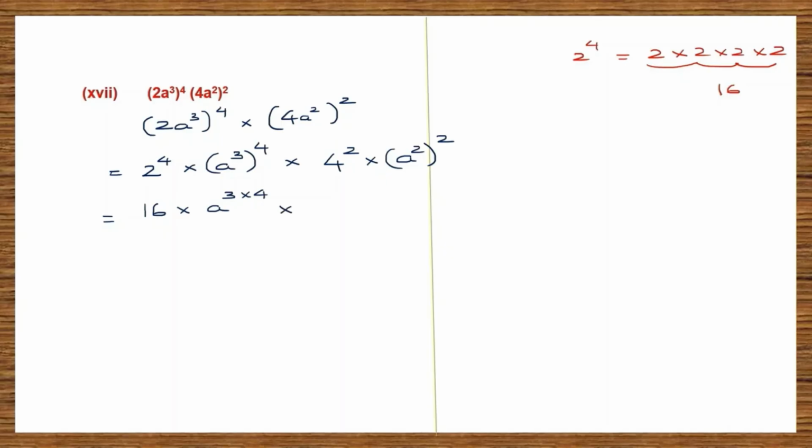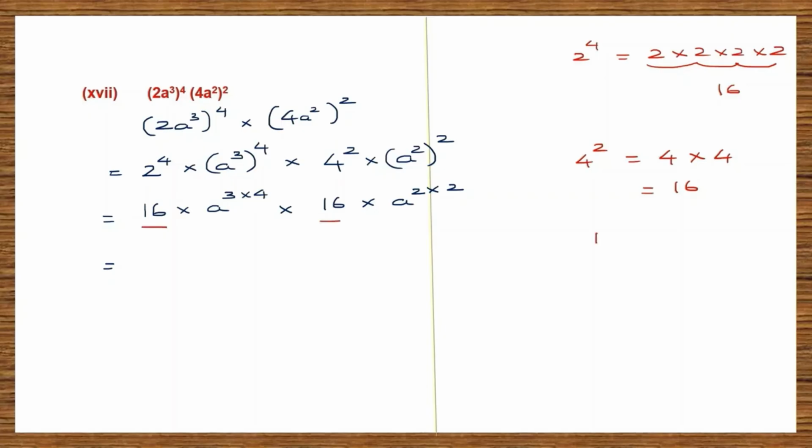Now 4 raised to the power of 2, what does that mean? 4 raised to the power of 2 means 4 into 4, which is 16. 4 4s are 16. So here also we write 16 into a to the power of 2 into 2. So 16 into 16. We are going to take the numbers first.